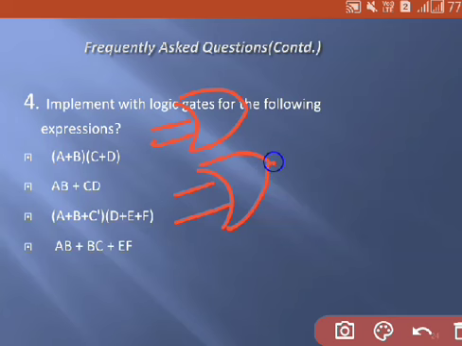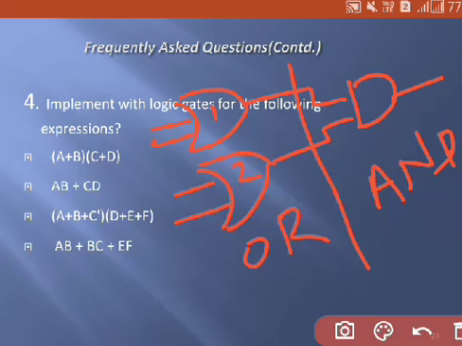So the outputs of the first two gates will be what? A plus B, C plus D, and these two will be ANDed. Okay, so this is nothing but OR AND realization. Okay, this is for the first one.